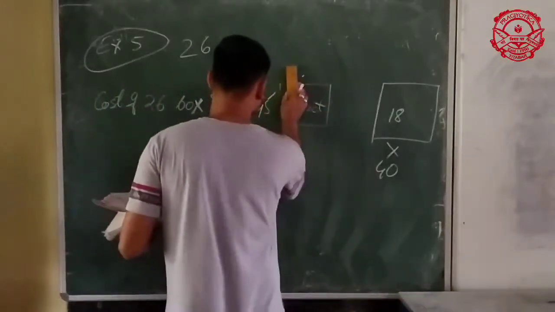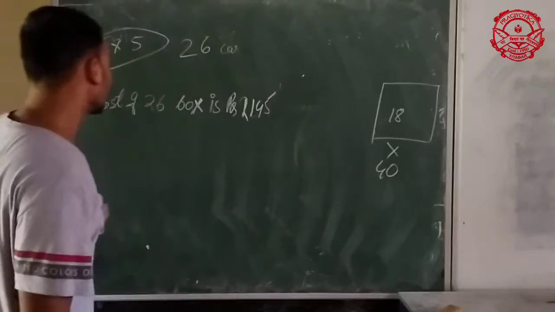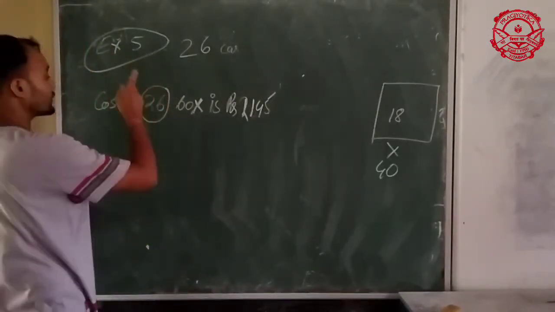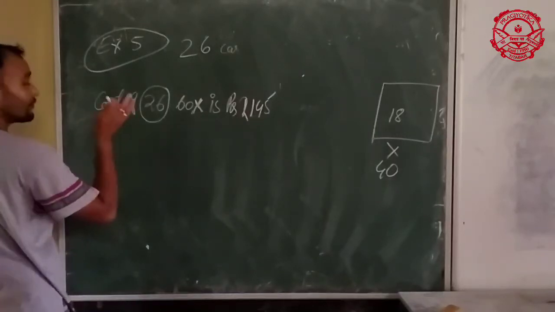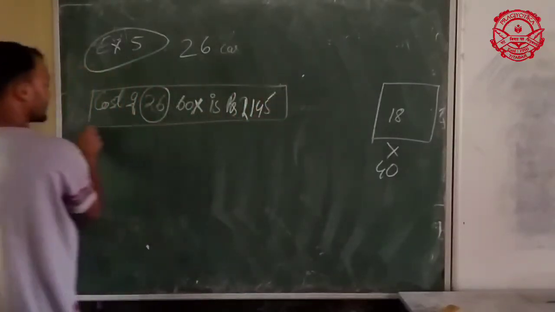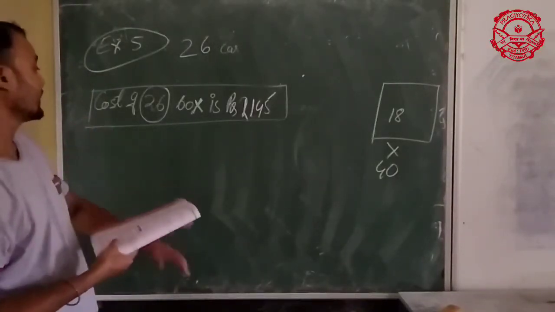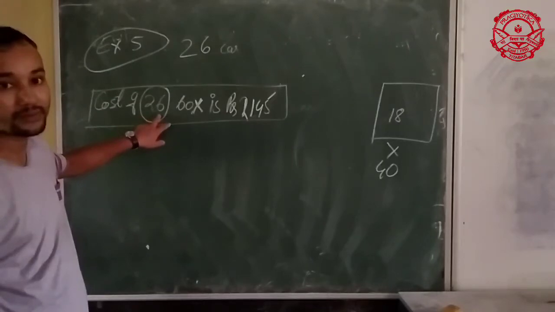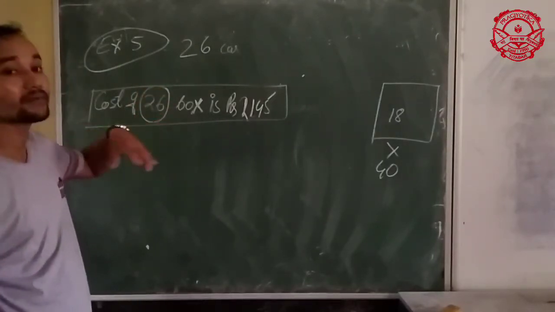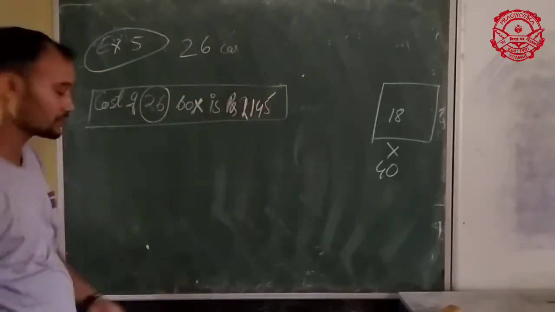Now you know one thing. There are 26 cartons. In one carton there are 15 chocolates. So first you find the number of chocolates in these 26 cartons. If you can find the number of chocolates, then you calculate the cost of one chocolate. Then obviously you can do this.